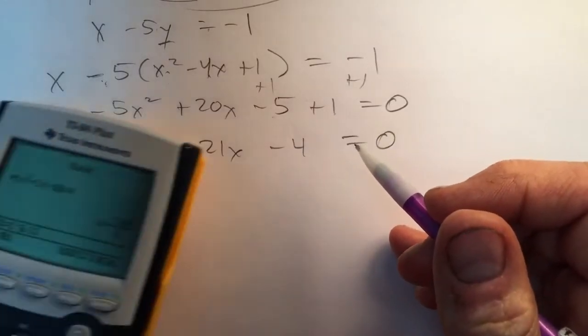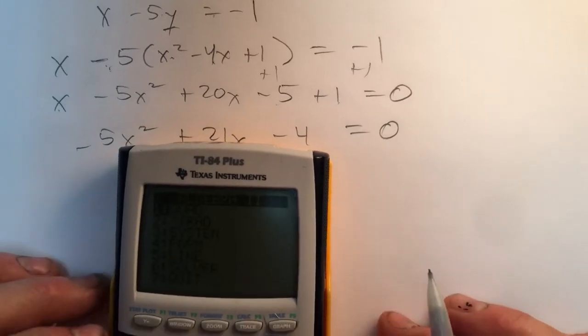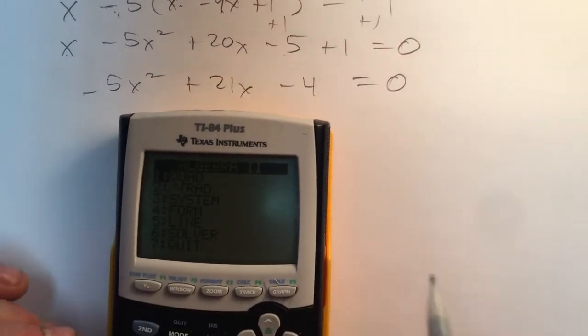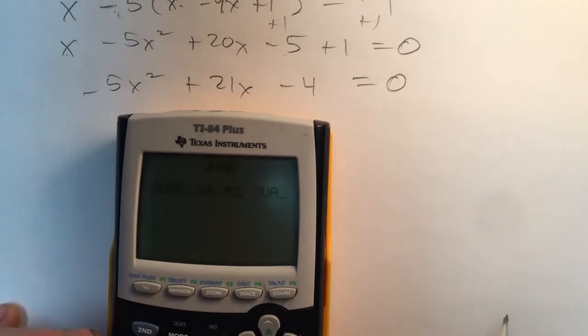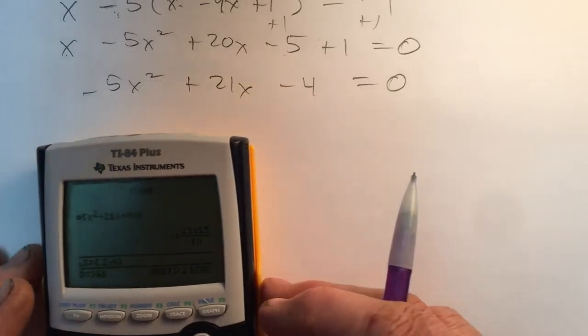Okay, and now I can go back into my program. Okay. So my A is -5, my B is 21, and my C is -4. And all right.